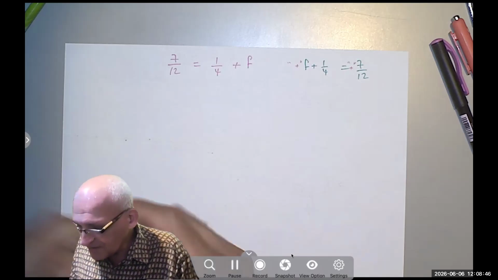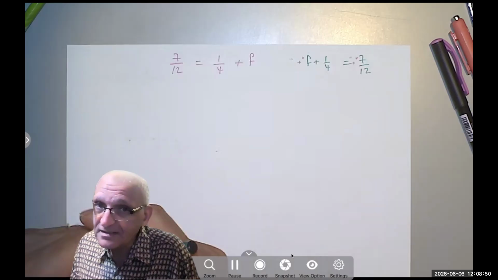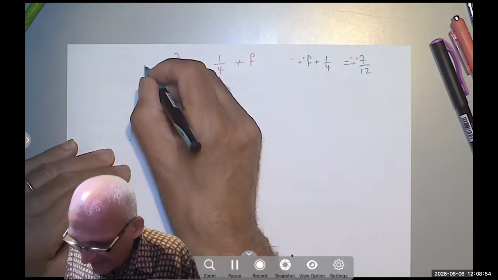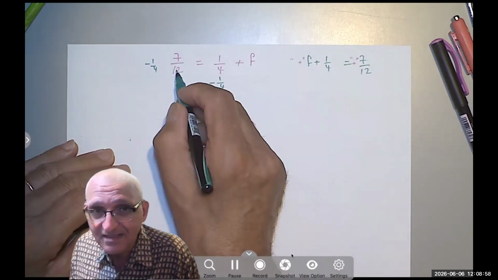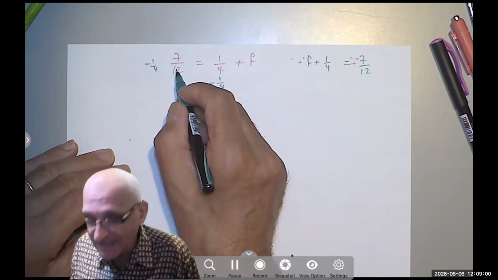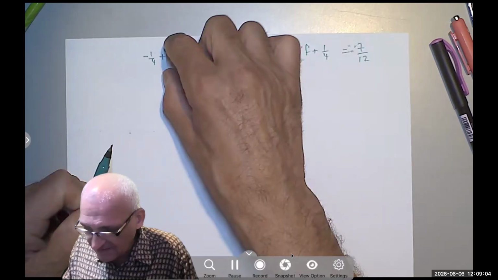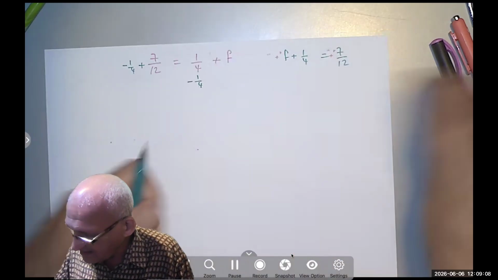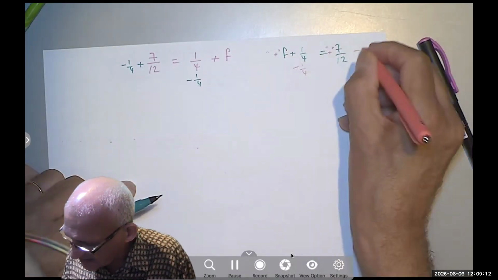Okay, so now since it's added, I want to subtract it, right? So I have to say minus a quarter and negative a quarter. Notice now the 7/12 is no longer the first entry, so I have to say plus. Or I could have left it, and like here, I could have said subtract 1/4 from both sides.